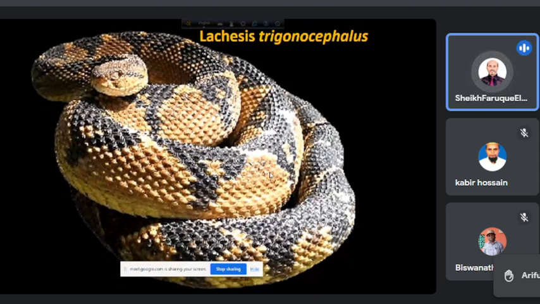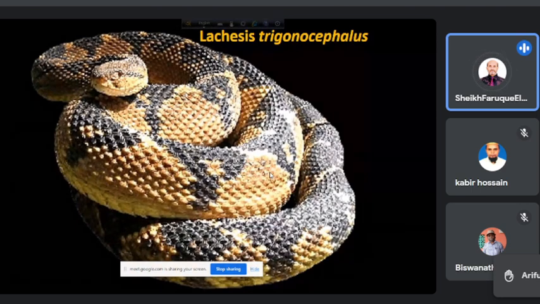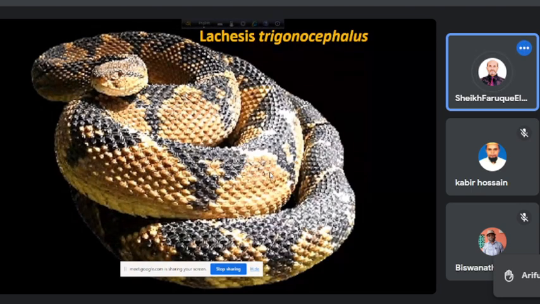So you can imagine how big the snake, and it is very ferocious because other snakes will flee when they see a man. But this one, no. It is aggressive. He will attack you without provocation. This is ferocious.